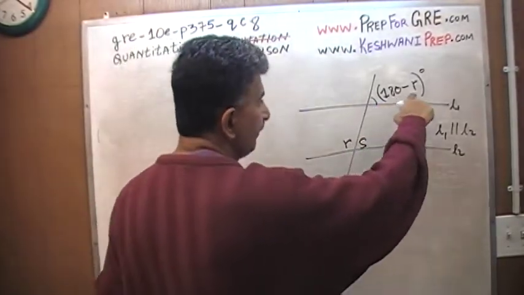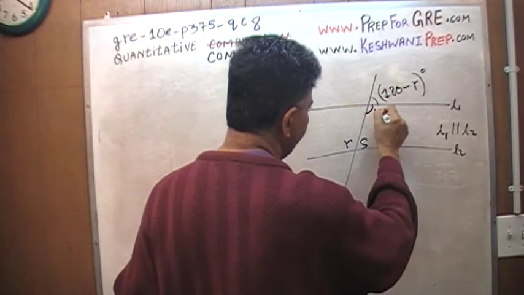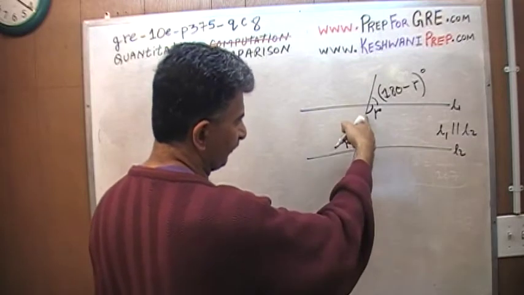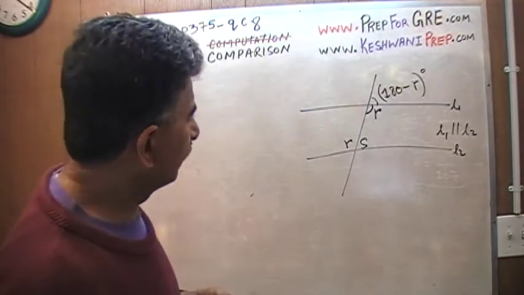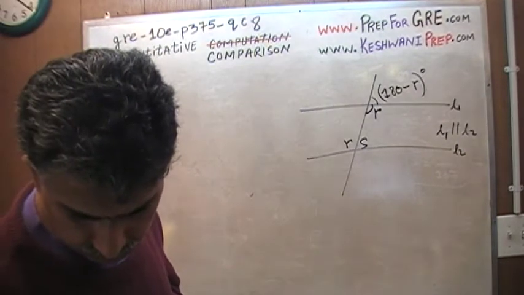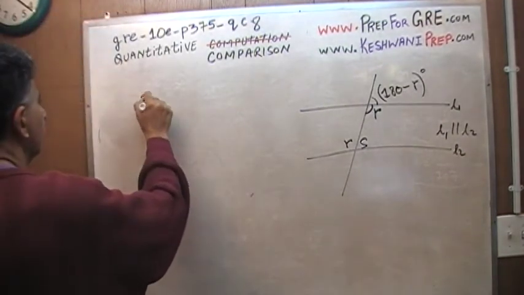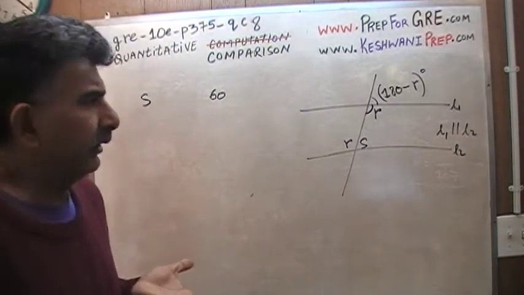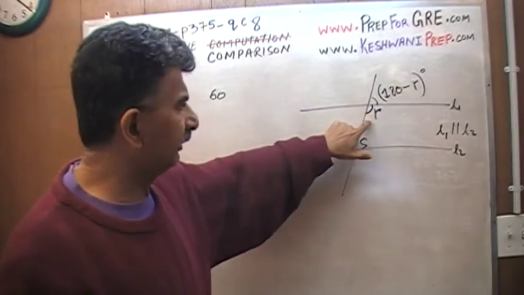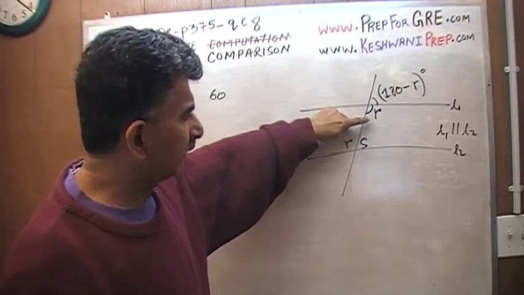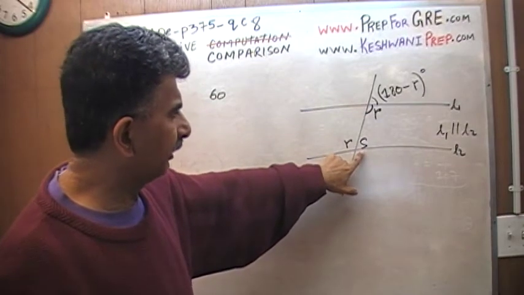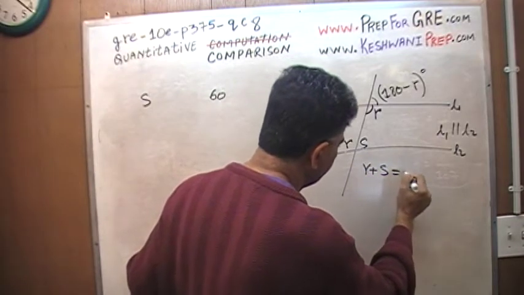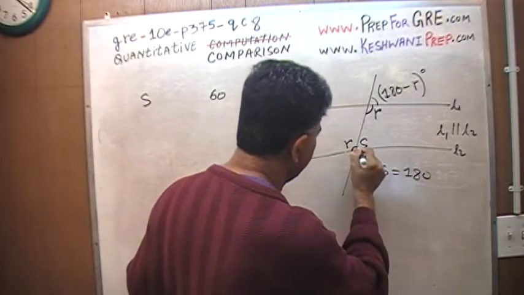Well, if this is 180 minus R, then this has to be R, because R plus 180 minus R will give us 180. Or if this is R, then this has to be R. And they want us to compare S versus 60. Well, what can we say about S? Absolutely nothing at all, because unless we know what this R is, we cannot really tell anything about S. All we know from here is that R plus S equals 180, because you see right here, this is a straight line.